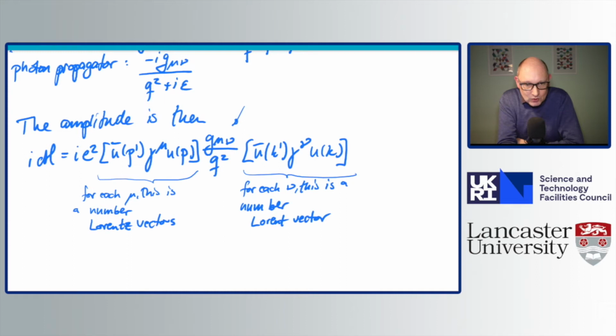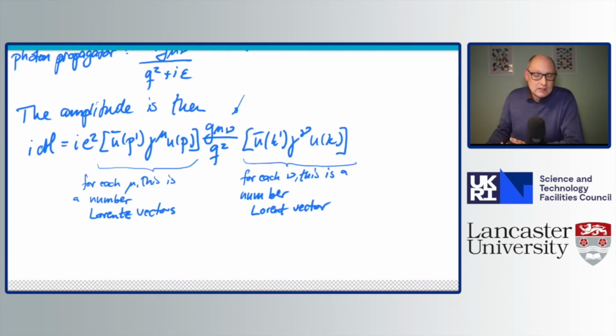So in principle, if one chose a representation for the spinors, we discussed the Dirac representation, for example, and the representation for the gamma matrices in that, and used the gamma matrices in that representation, then one could indeed, for each choice of momentum, evaluate this number, get a number for the scattering amplitude.